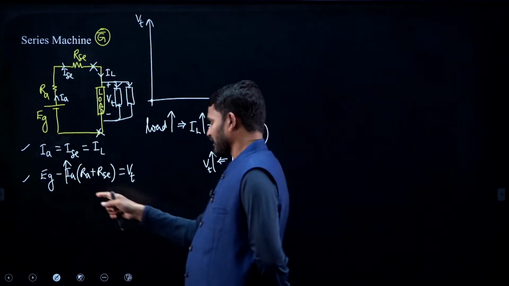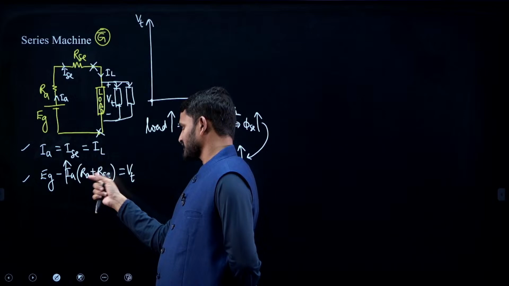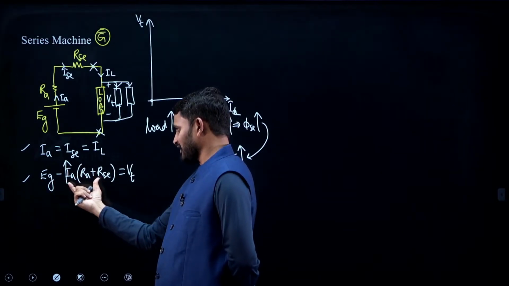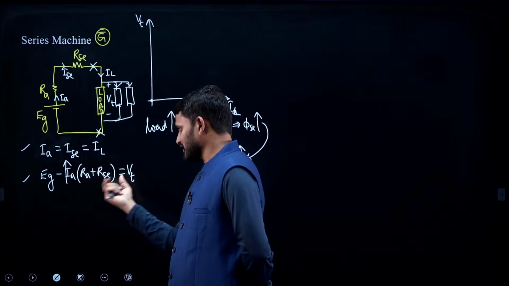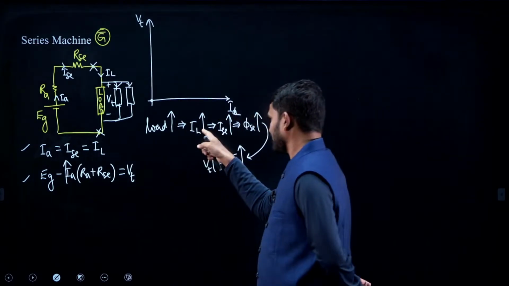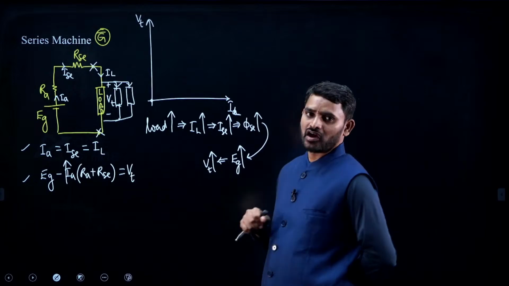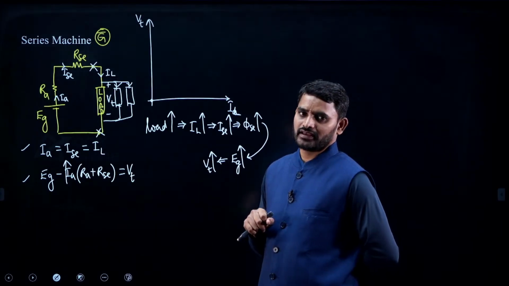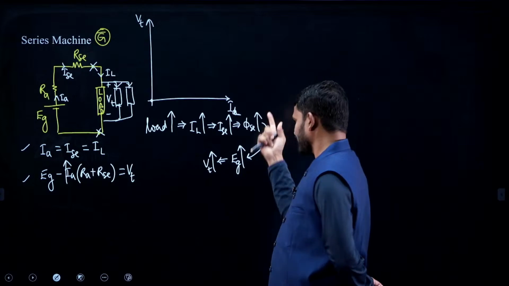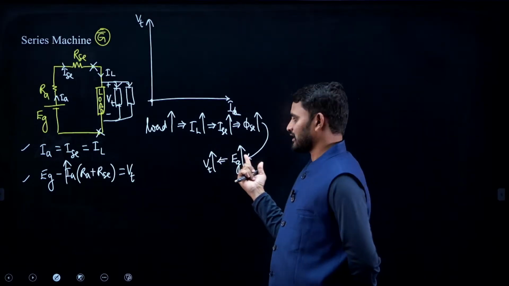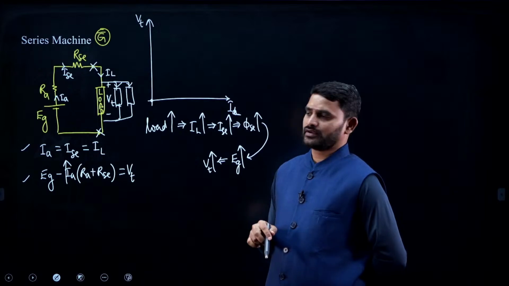Okay. If you look at it this way, as load increases, armature current is increasing, drop is increasing, and it might be looking like falling characteristics, but actually this is not true. If you see here, the flux increment is going to increase the EMF a lot. So, forget about this drop, it is very, very small. The increment in flux will give a huge increment in EMF, and the terminal voltage is also going to increase.